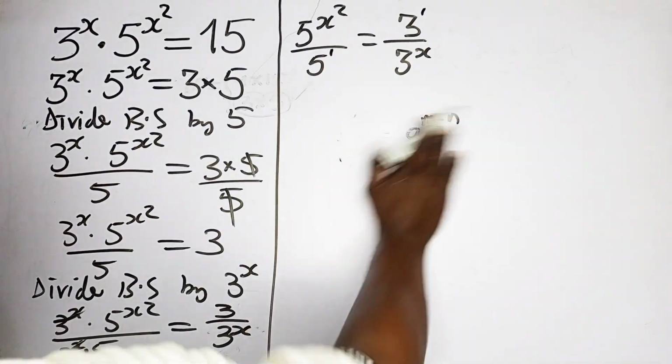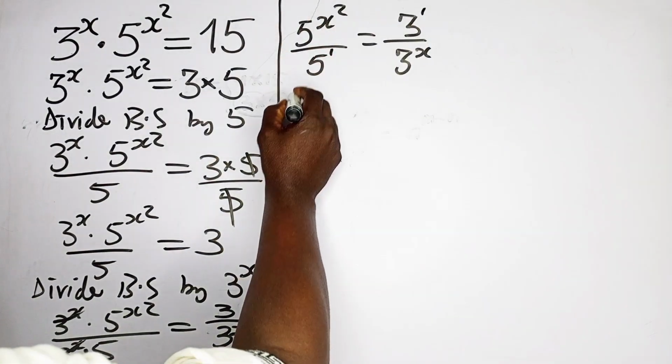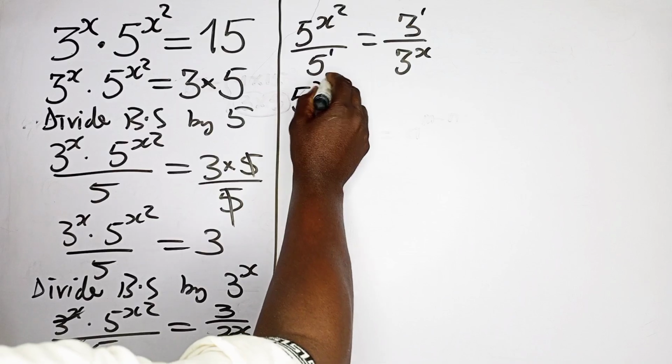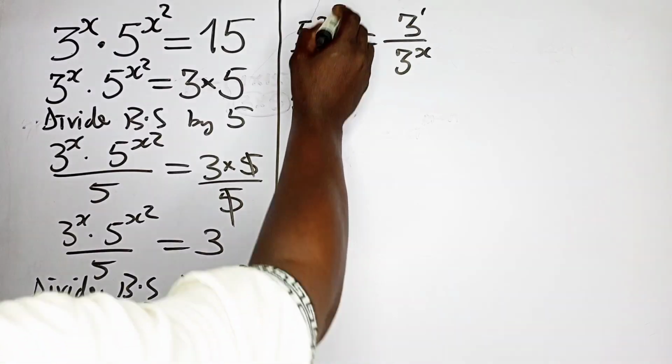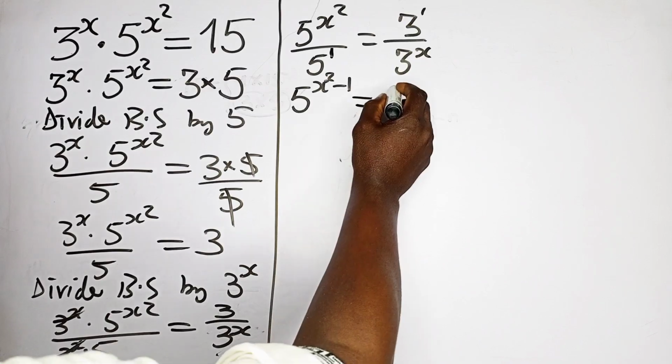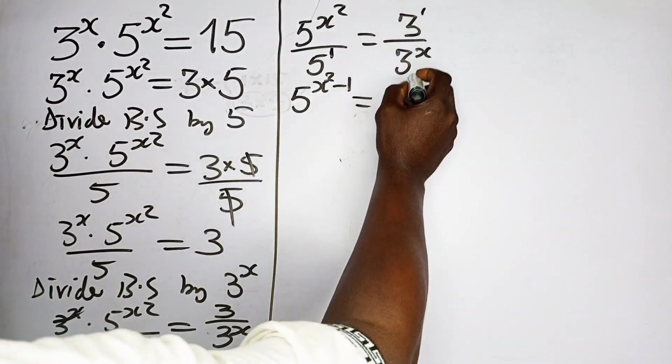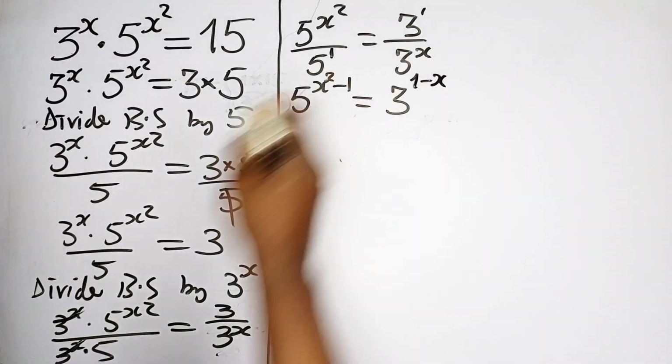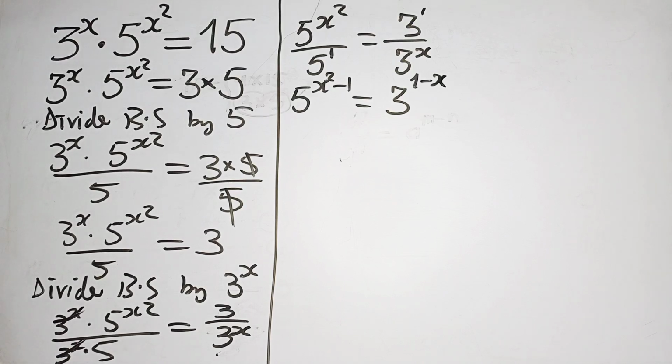So when we apply this law, we'll have 5 to the x squared minus 1, that power there, x squared minus 1, will be equal to 3 to the power 1 minus x. The power up is 1, the power down is x. So we have expressed the left hand side and the right hand side in index form.